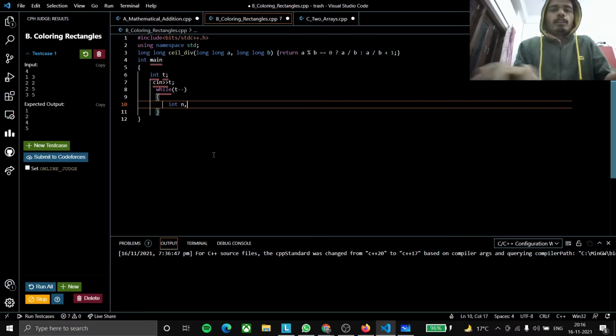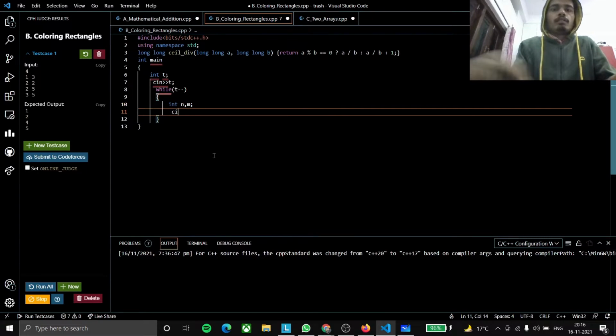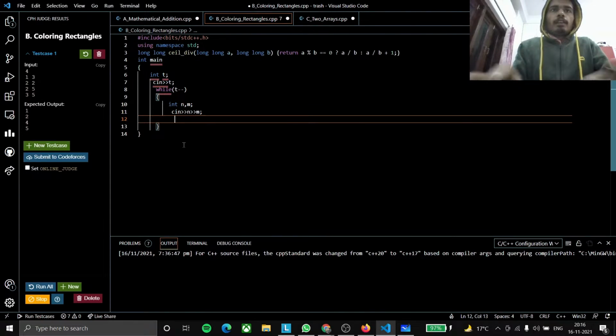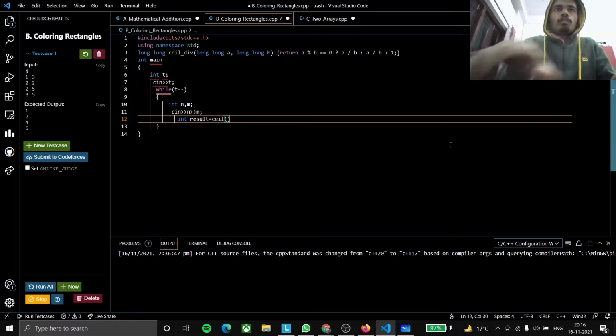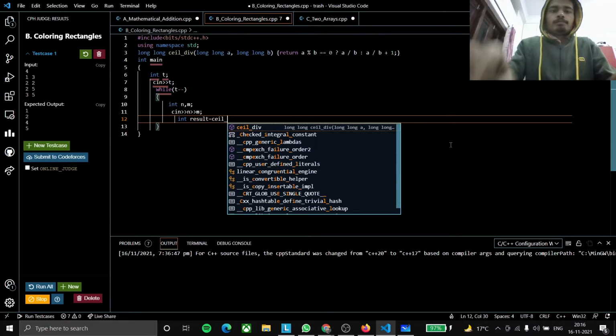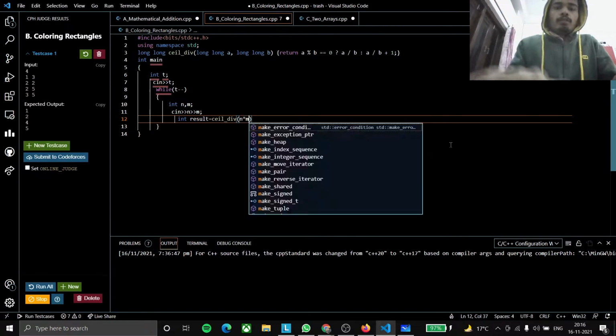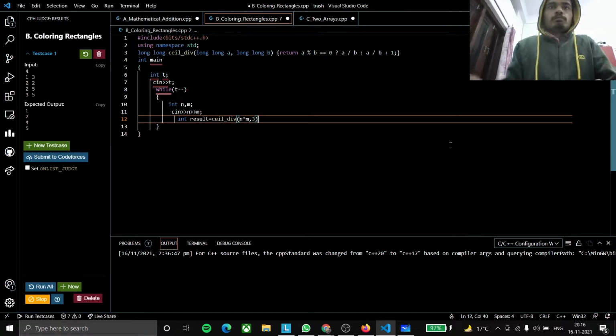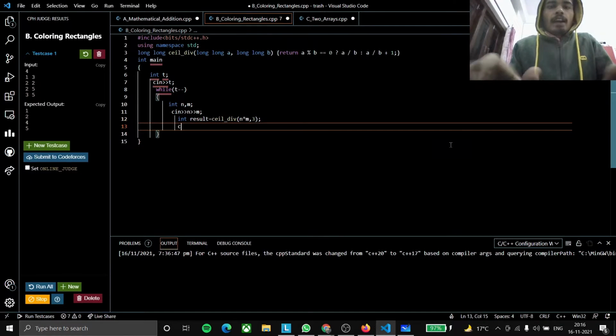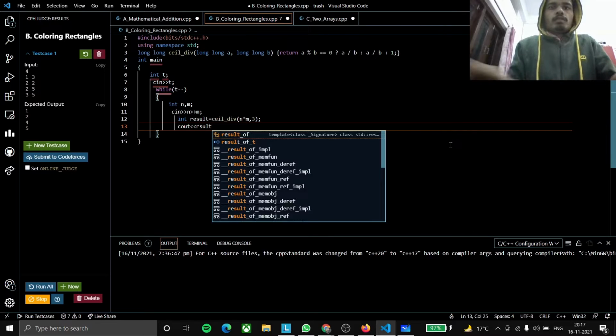So int n, m; cin n and m. Now we just have to take the result. So int result equal to ceil division of n into m comma 3. And just see out result.